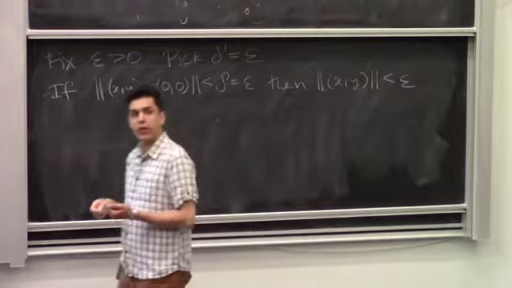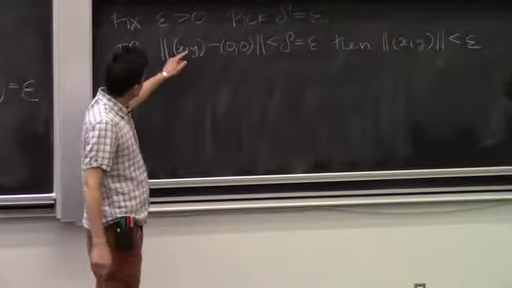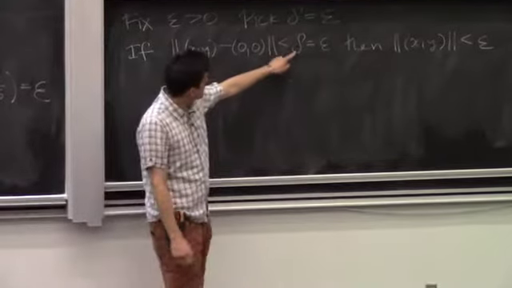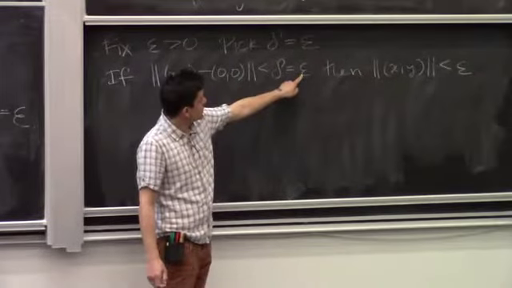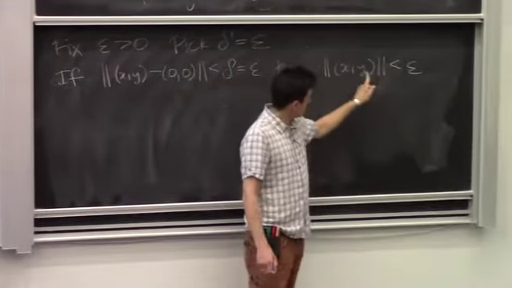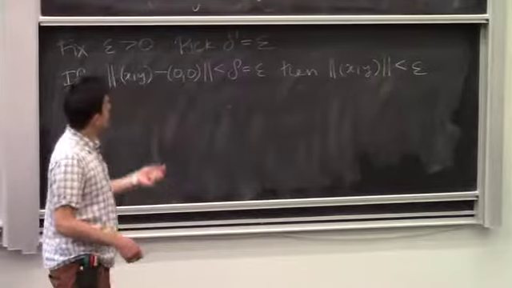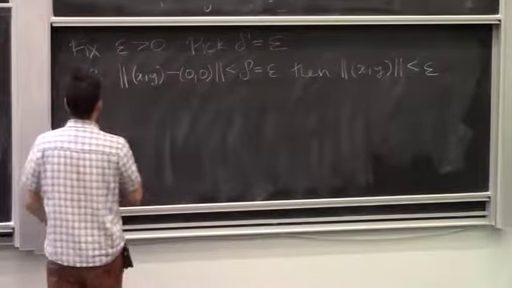Okay. So this is sort of our key move. If this thing is less than delta, and we've picked delta to be equal to epsilon, then the distance is less than epsilon. Okay, so now let's use that to control our function.